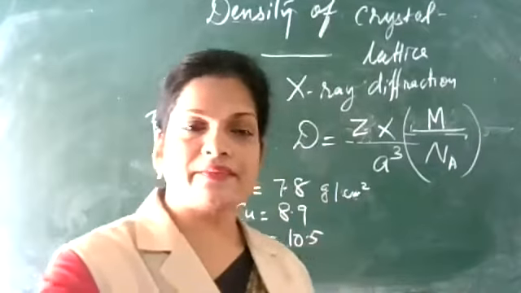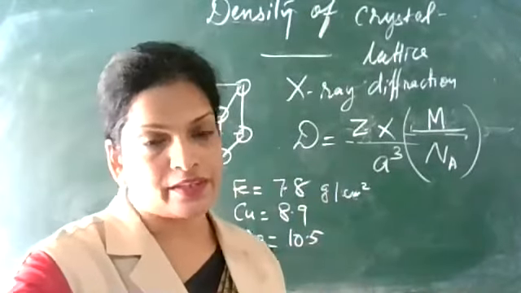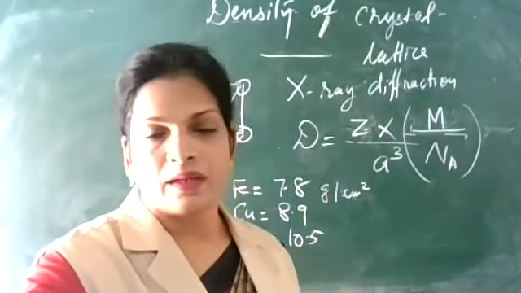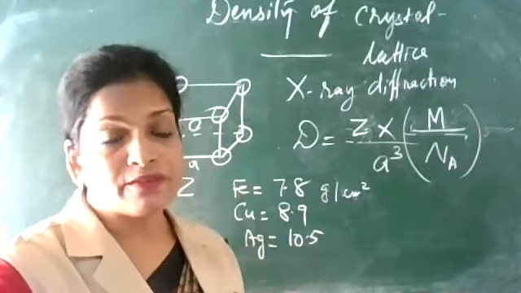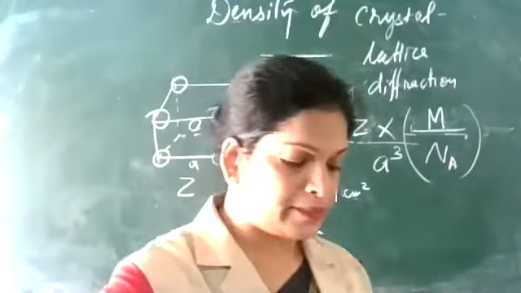Even if edge length is given in terms of picometer, you convert that into centimeter because density will be given in terms of gram per centimeter cube.